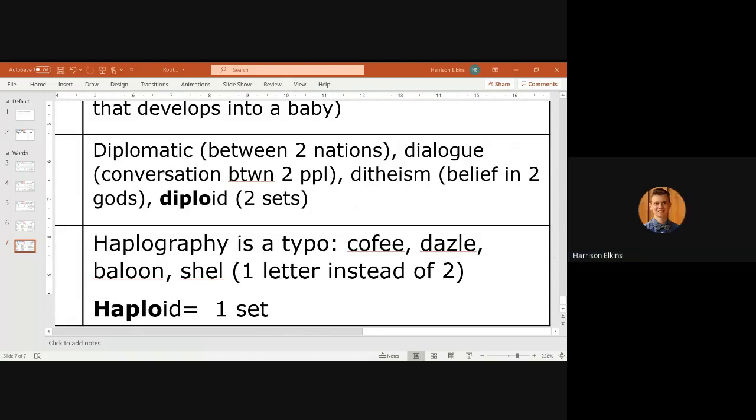Now, the instant I combine them with the other Crayola coloring pencils, I'm diploid, but I'm haploid here. We'll talk about this when we get to DNA, and these are important words to know.